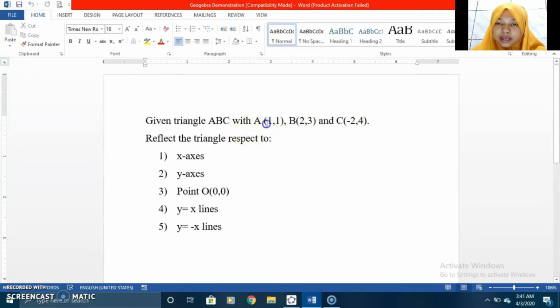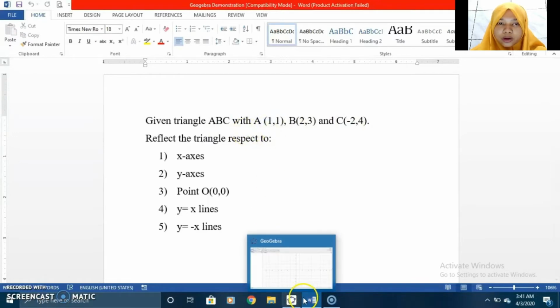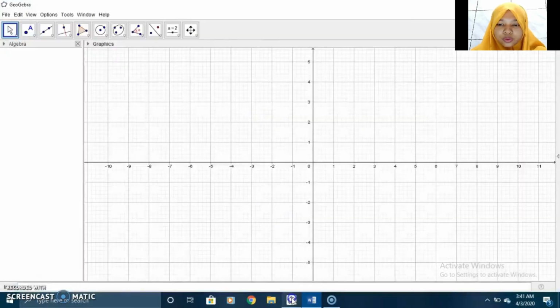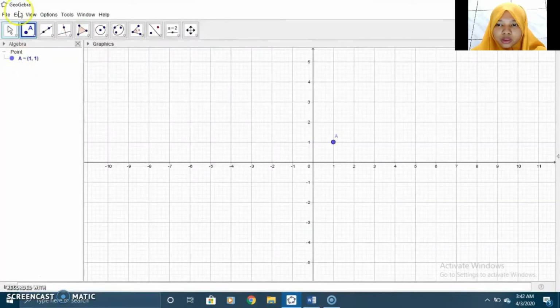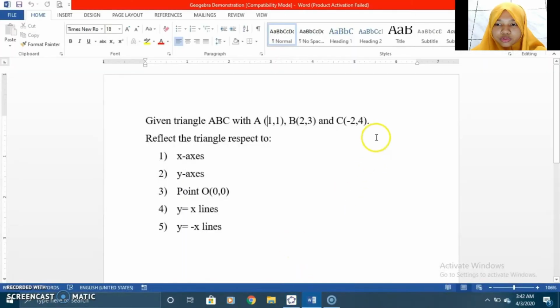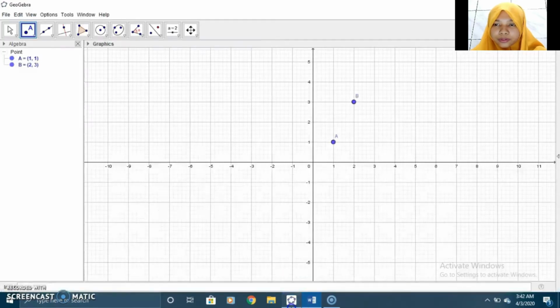Okay, A with coordinates (1, 1). We choose here point and click coordinates (1, 1). Then we have A. B (2, 3). Then we have B. Then C is (-2, 4).